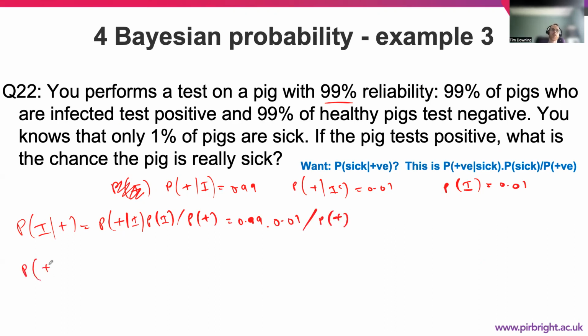Probability of positive comes from this above. So you have 0.99 by 0.01 plus the probability of being positive if you're not infected, 0.01, by the chance of not being infected, 0.99, which works out as 0.01.